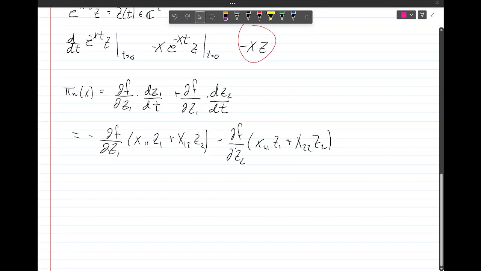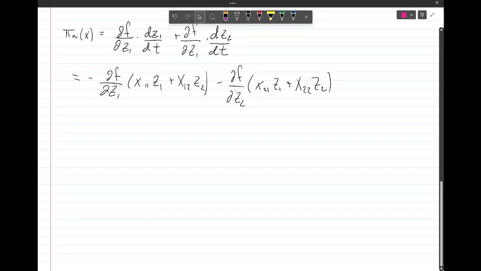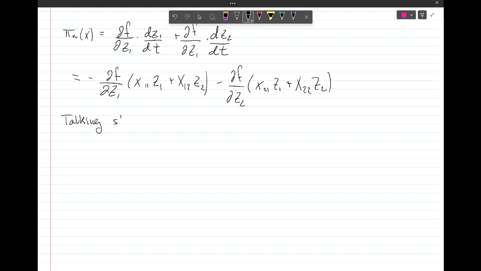Okay, so now let's take a step back and discuss what the goal was and how this relates to it. We started out talking about the special linear Lie algebra.